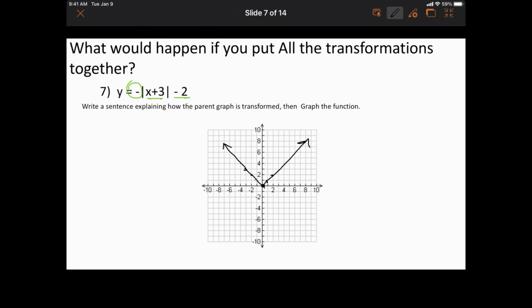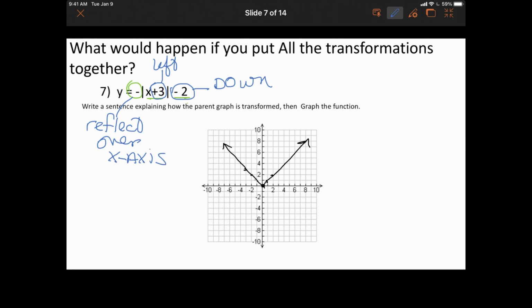All right, so did you write your sentence? If I'm looking here, I know that this -2 on the outside is going to shift my graph down 2 places. The inside is going to do left 3 places. This is going to reflect over the x. Did your sentence have those 3 things?